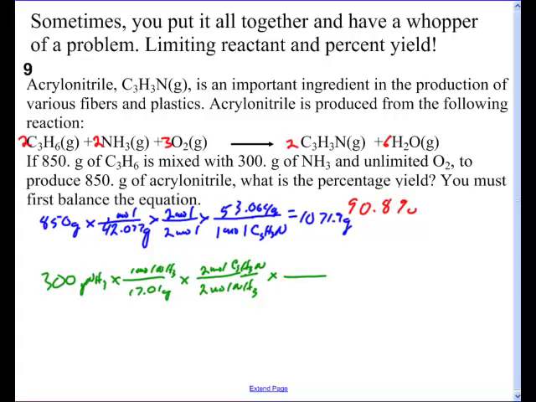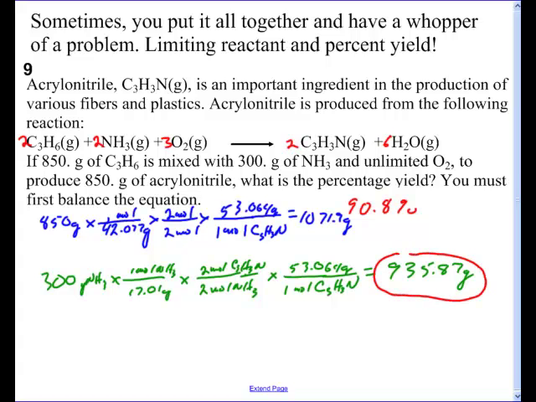Okay, and then 1 mole of acrylonitrile, C3H3N, happens to weigh 53.064 grams, and that produces 935.87 grams. Okay, so as you know, when we work these limiting reactant problems out this way, the compound that made the smallest amount of product is the limiting reactant. So ammonia here is my limiting reactant.